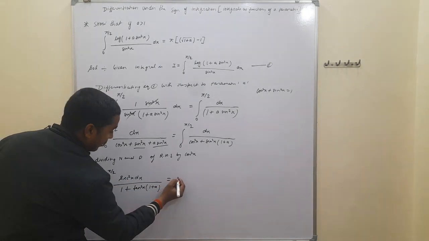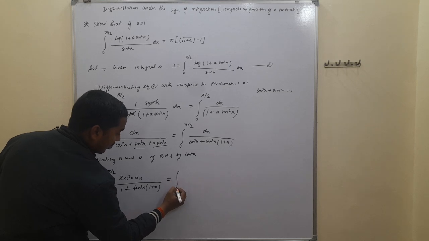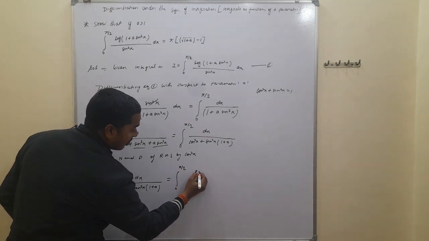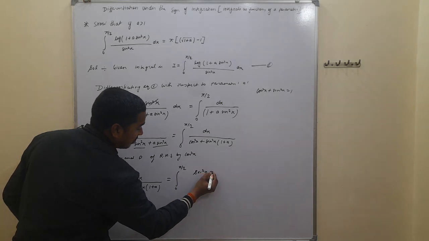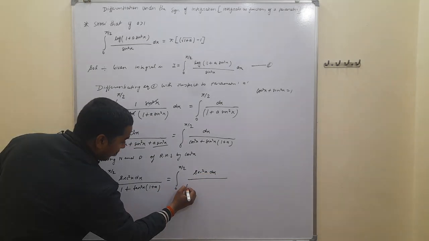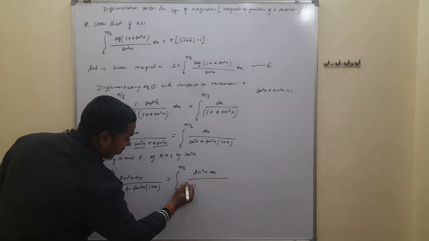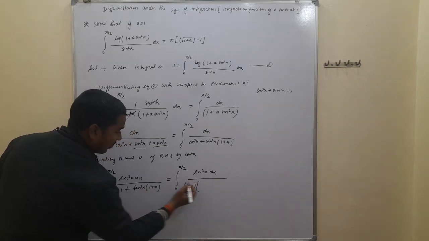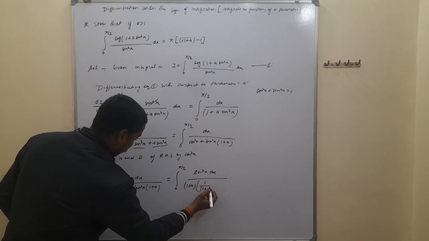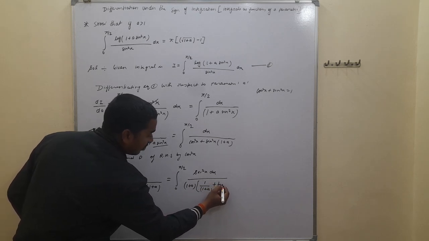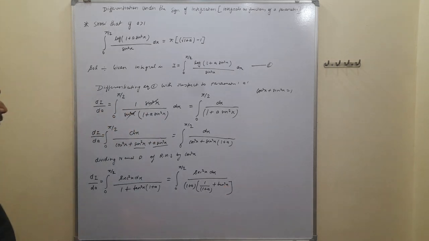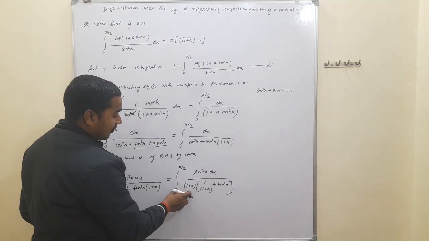This is given by the integral from 0 to pi by 2 of sec square x dx upon, taking 1 plus a common, 1 upon (1 plus a) plus tan square x, and further we take 1 plus a outside.